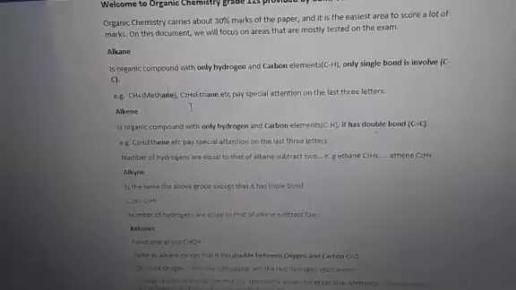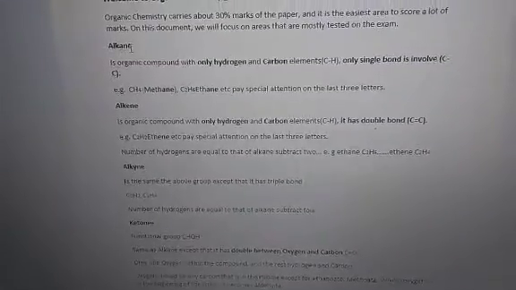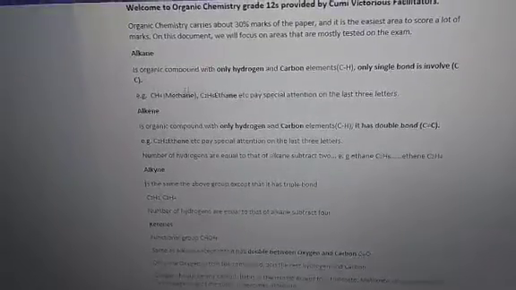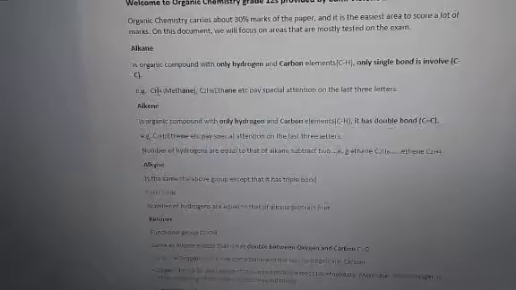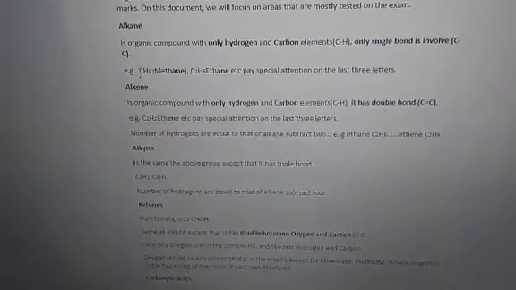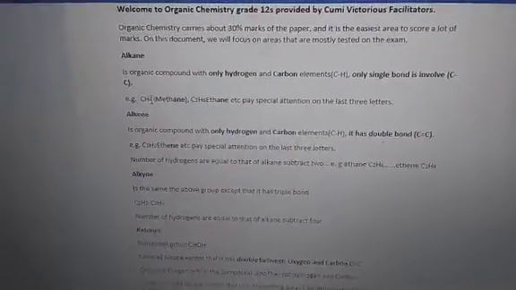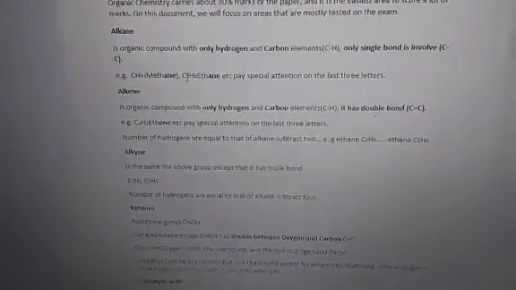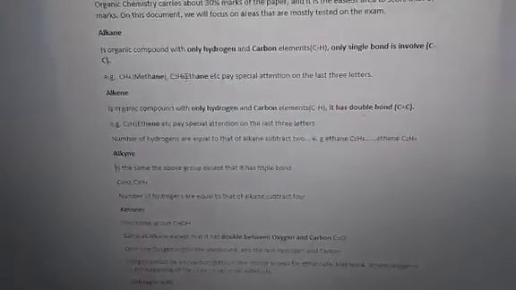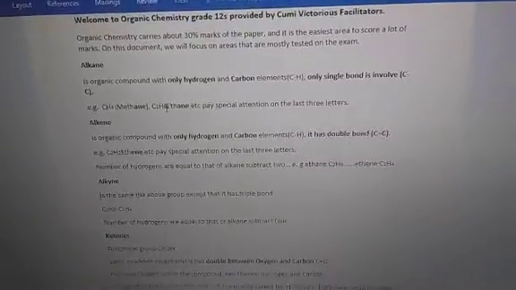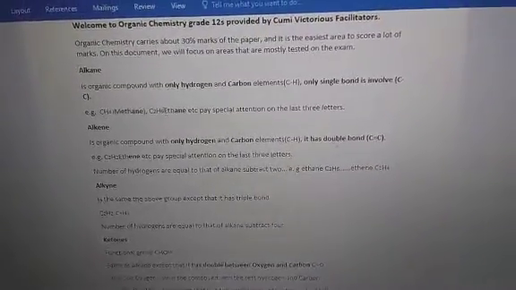For alkane, the number of hydrogens in methane: if you have 1 carbon, you have 4 hydrogen. If you have 2 carbon, you have 6 hydrogen. So do you see the difference now?